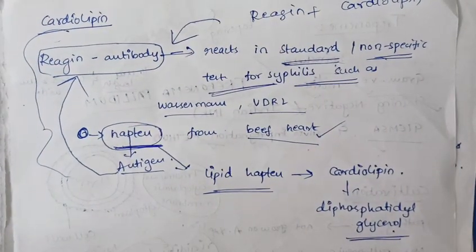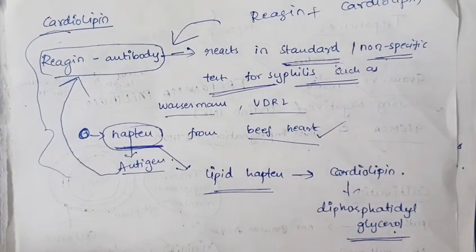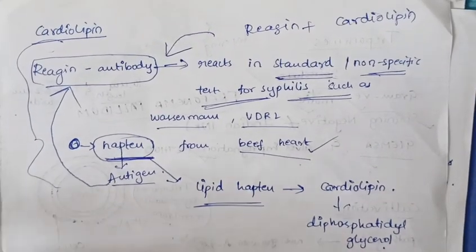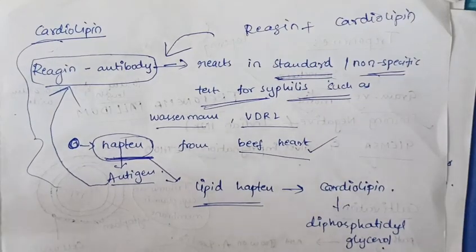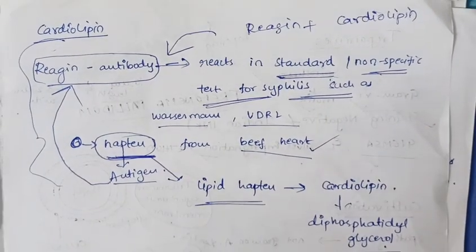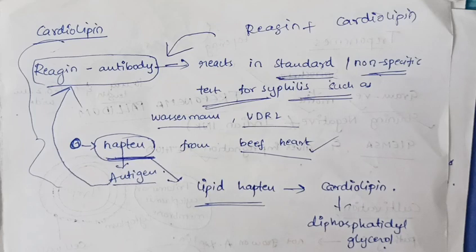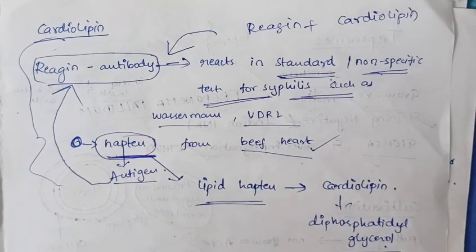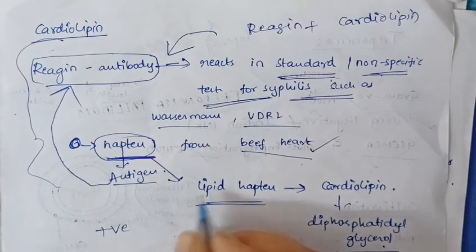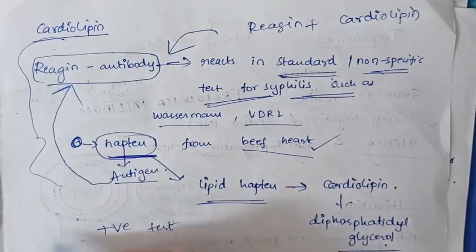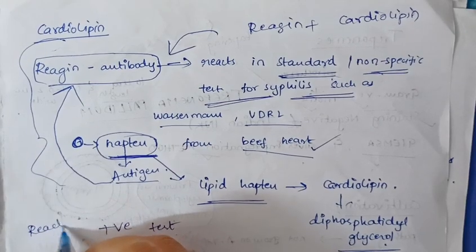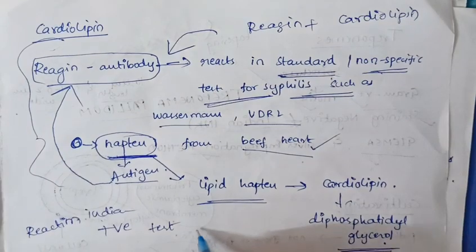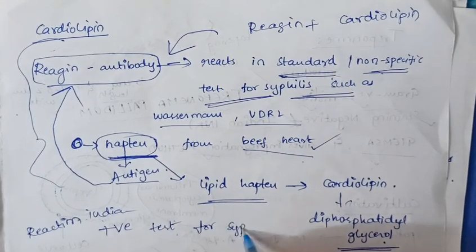In many of the tests like Wassermann, VDRL, etc., the cardiolipin antigen test is most commonly and widely used because cardiolipin is a hapten obtained from beef heart which readily reacts with the reagin antibody, and the reaction indicates a positive test for syphilis.